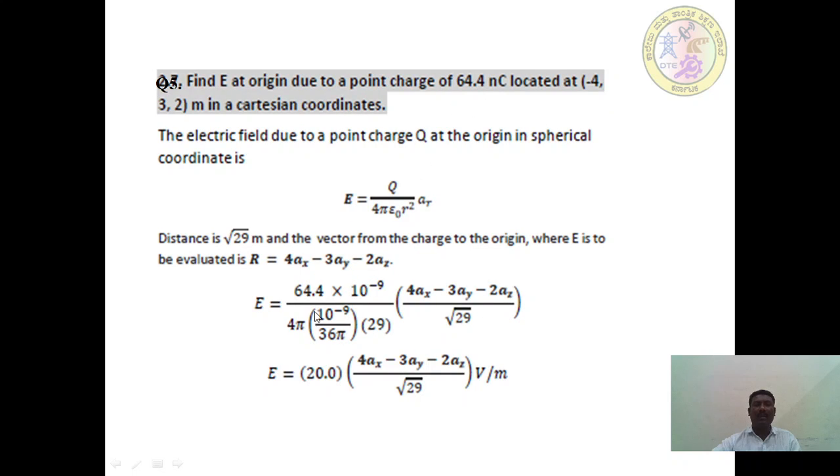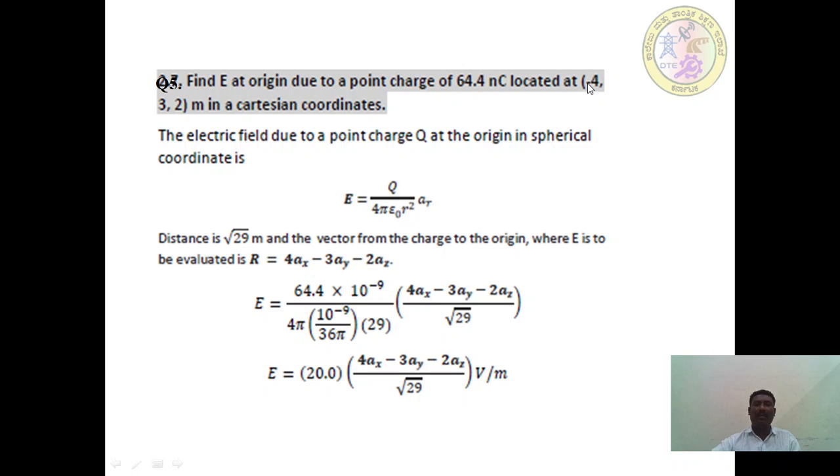See, the same basic formula E, and find out the value of R, that is root 29: 4 square 16, 3 square 9, 16 plus 9 is 25, plus 2 square is 29, root 29. Then the vector R is 4ax minus 3ay minus 2az.